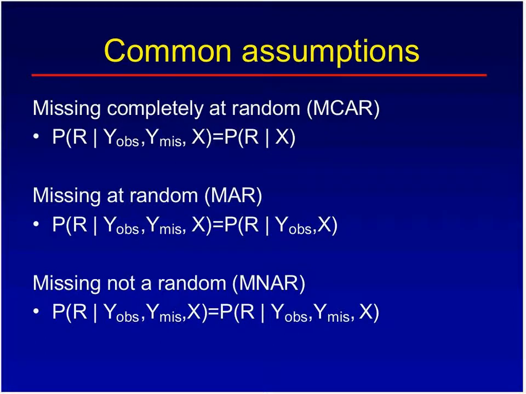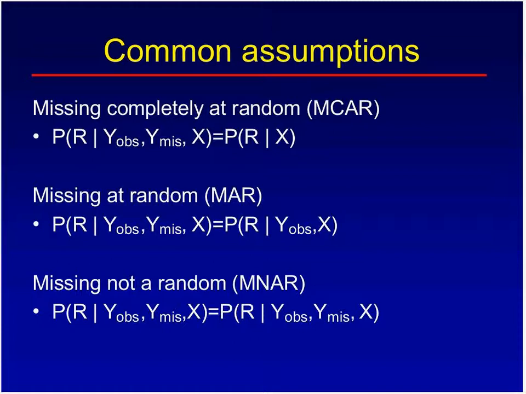In other words, if you condition on everything that you observe, then you have the missing data mechanism specified as fully as you need to. And then there's the missing not at random case, where we can't simplify.